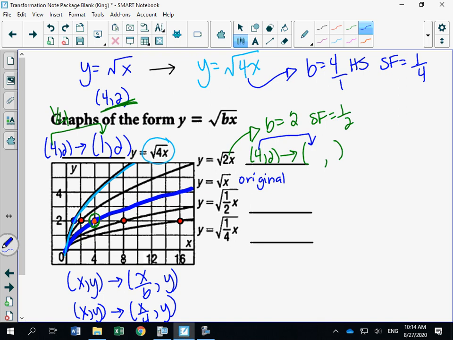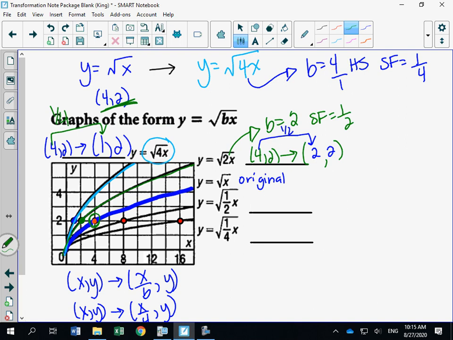So 4 times 1/2 is 2, giving 2, 2. Basically, we took that x value and divided it by our b value. Dividing by the b value is the same thing as multiplying by the stretch factor: 4 divided by 2 is 2, or 4 times 1/2 is 2. That would be this graph here, and our new point is at 2, 2, right there.